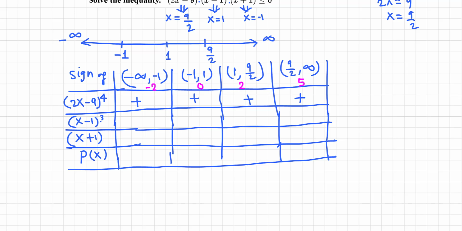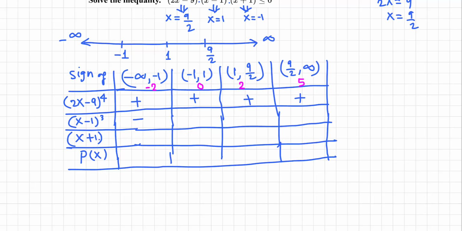This cube, we don't know. Let's plug negative 2 here. Negative 2 minus 1, negative 3. Negative 3 cubed is negative. So if we start with negative, it will be negative. Start with positive, it will be positive. And how about x plus 1?